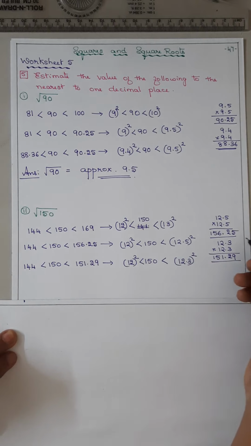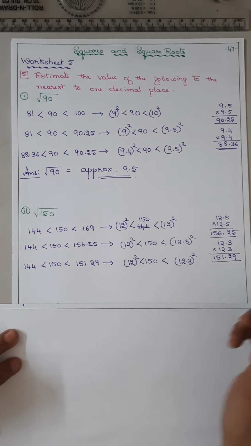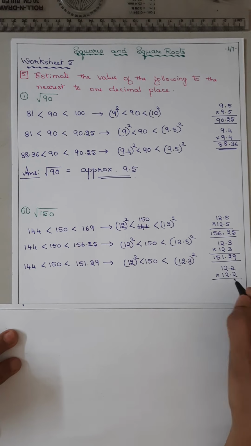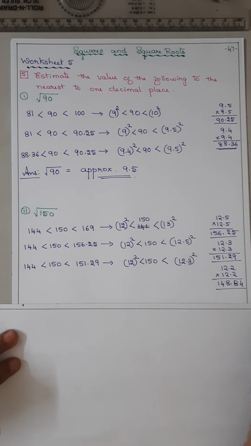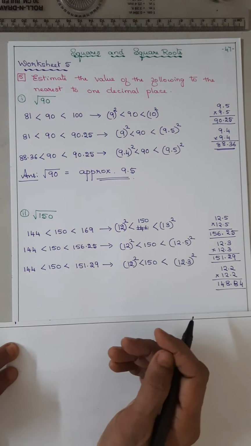तो हम एक नंबर 151 थोड़ा ज़्यादा है, तो try with 12.2. So when you multiply 12.2, find the square, then you will get 148.84. 148.84. That means it is to the left.